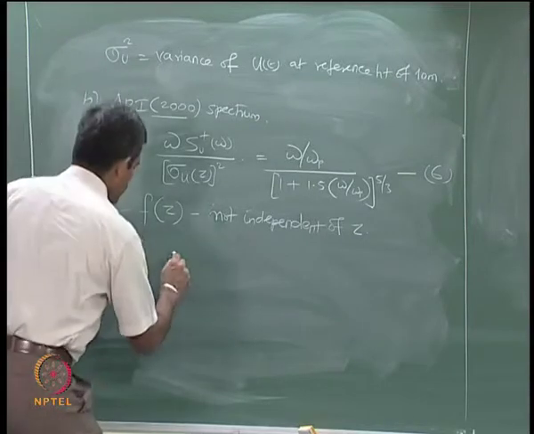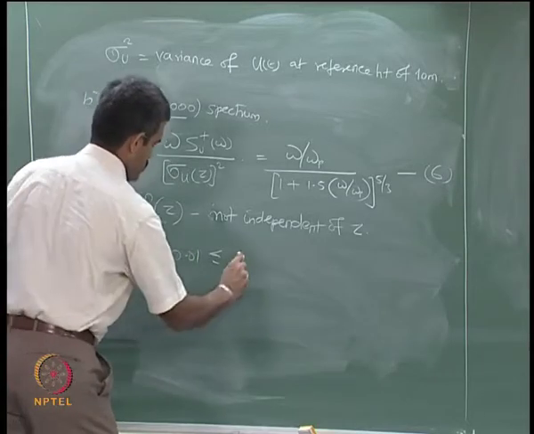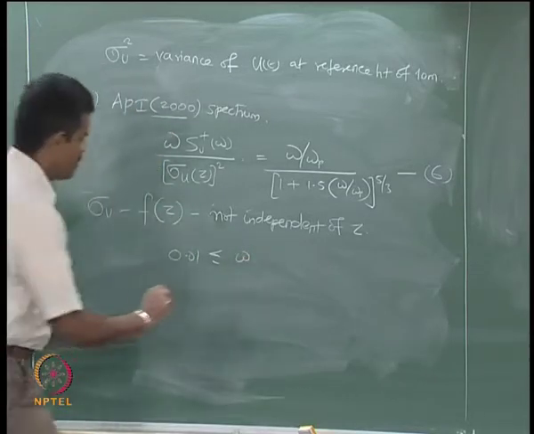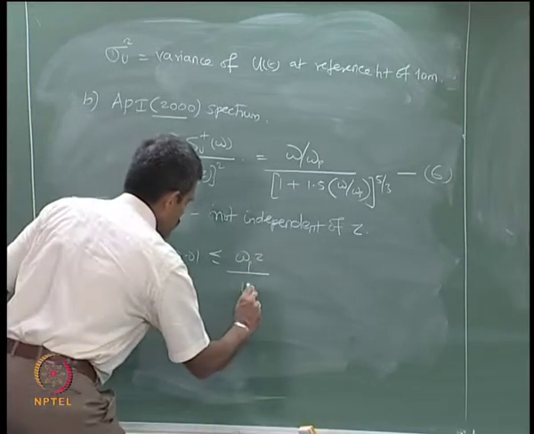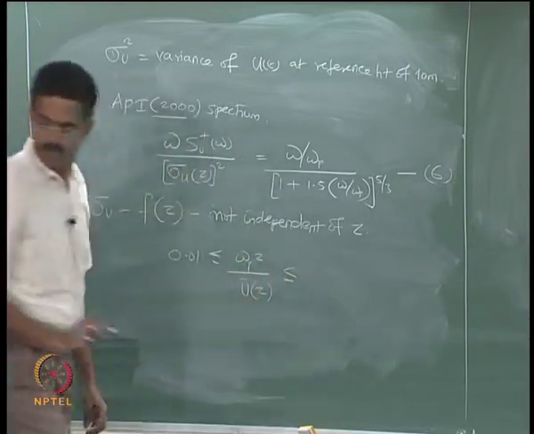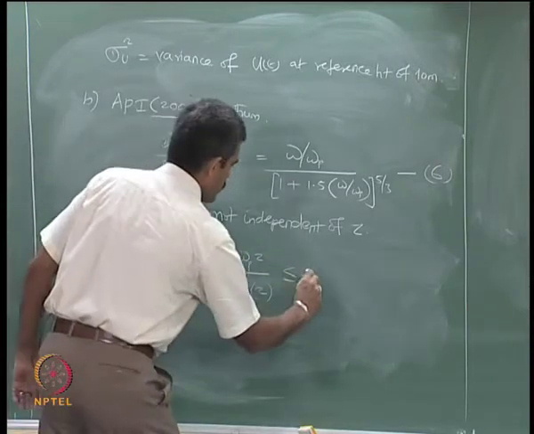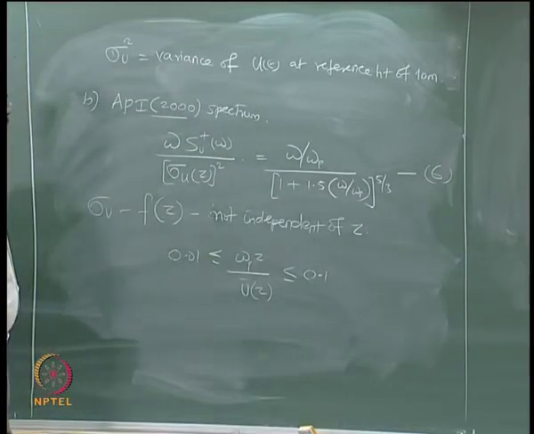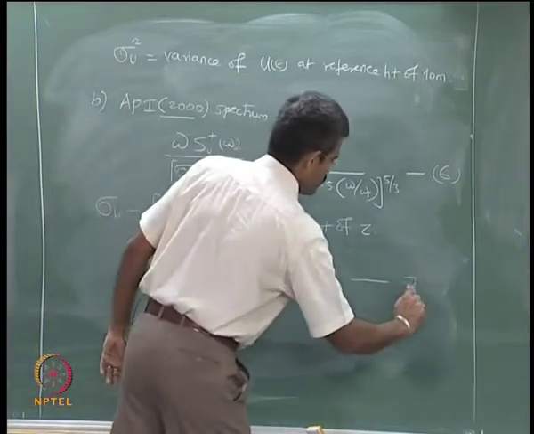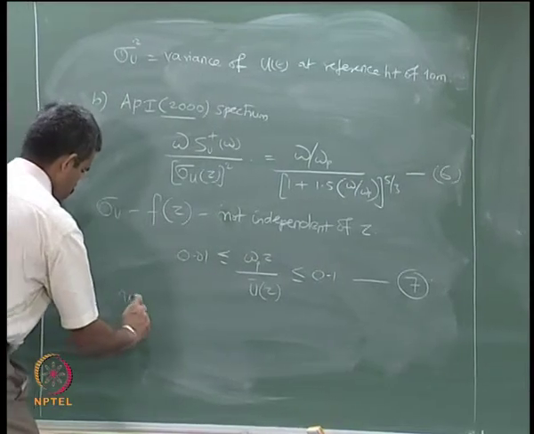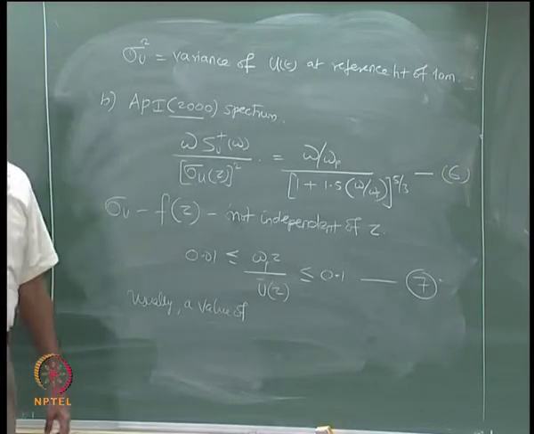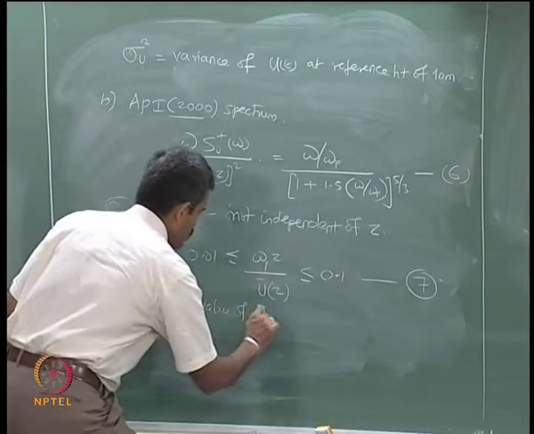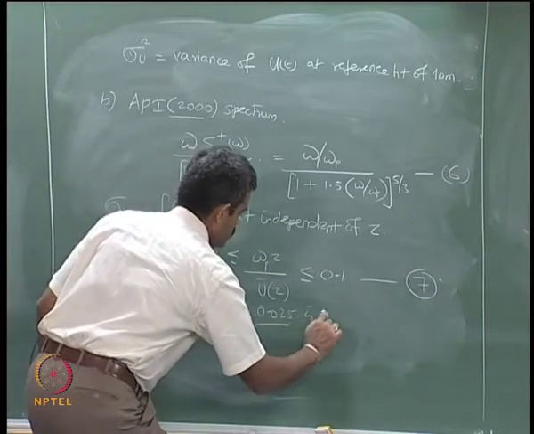So, they have given a range, 0.01, which is the value you can select for the specific application of the spectrum. Usually a value of 0.025 is chosen.